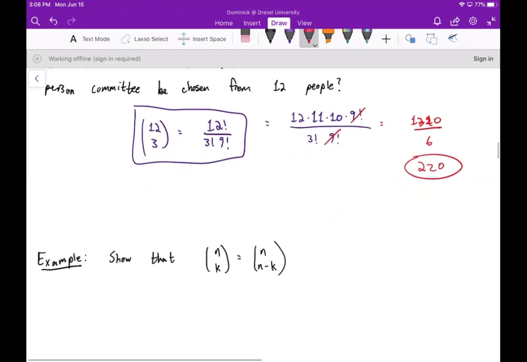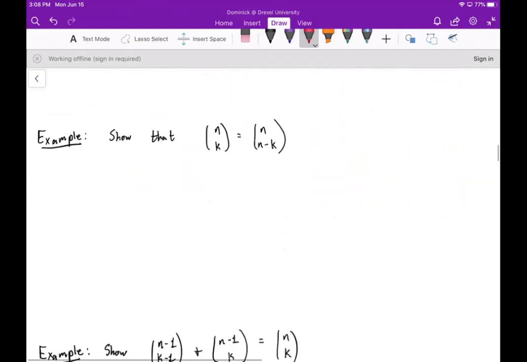Okay, so what I now want to show is that n choose k is the same as n choose n minus k. Well, n choose k, we just saw, was n factorial over k factorial times n minus k factorial.